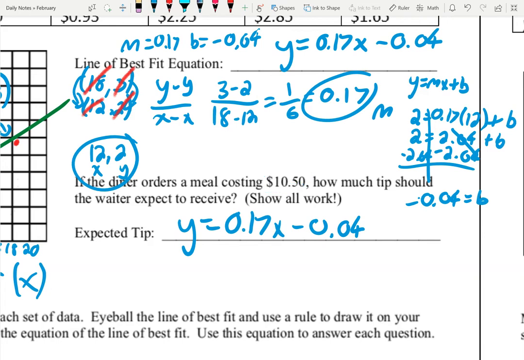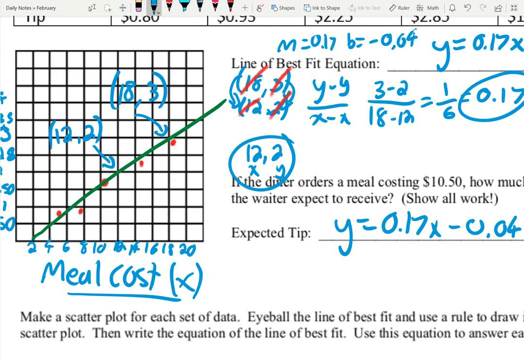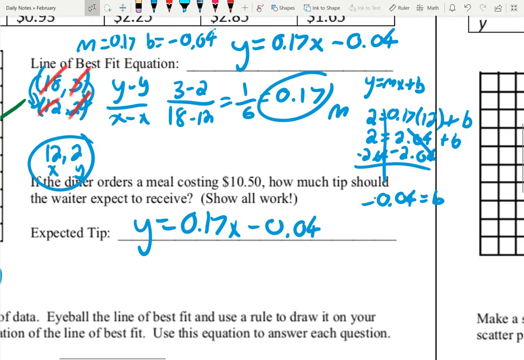So $10.50, remember my meal cost is my x value, so I'm plugging this into my x value, so I'll have y equals 0.17 times x, but x, again, I'm going to plug in $10.50. So remember that was what x is, minus 0.04.